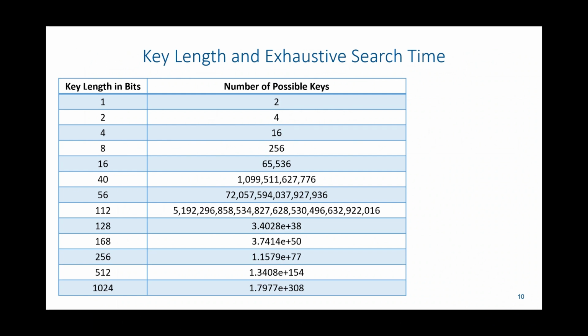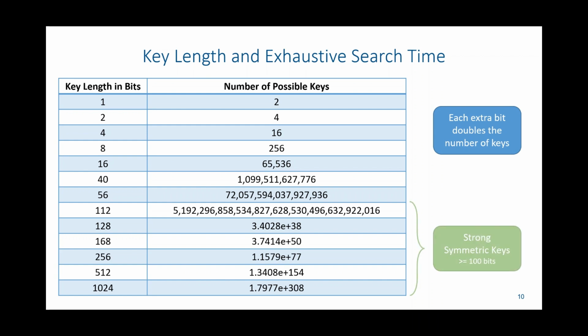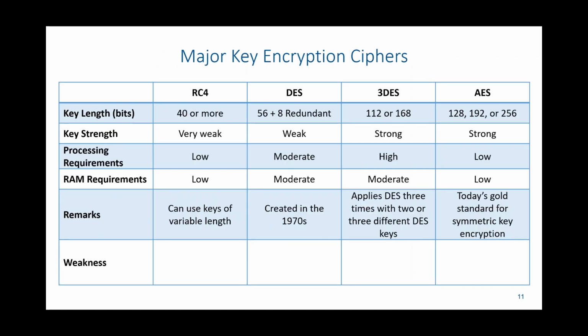As computing power increases, it also increases the need to increase the length of the bits. So each extra bit doubles the number of possible keys. And strong symmetric encryption is typically 112, 128 bits or higher. I use 512-bit encryption.